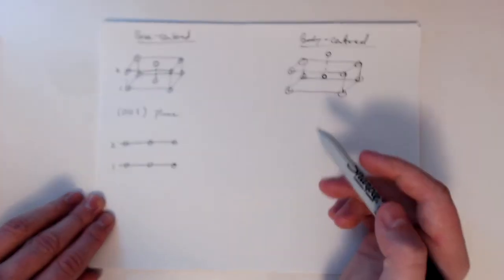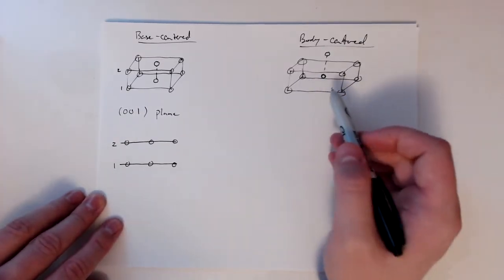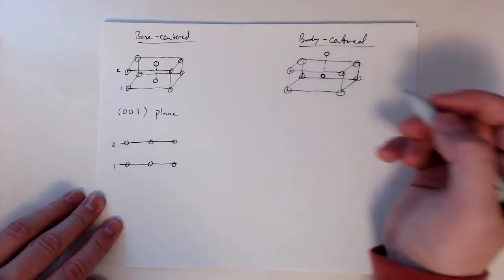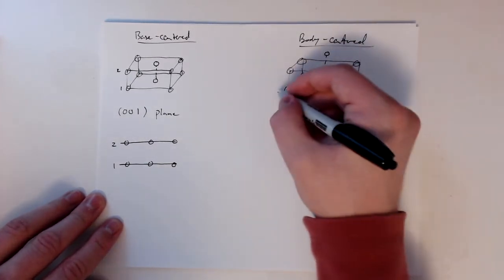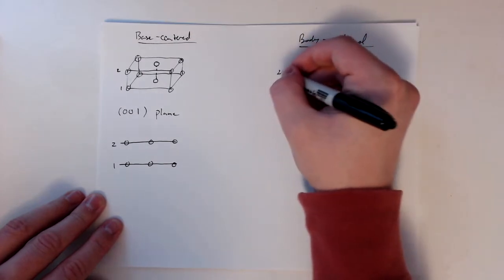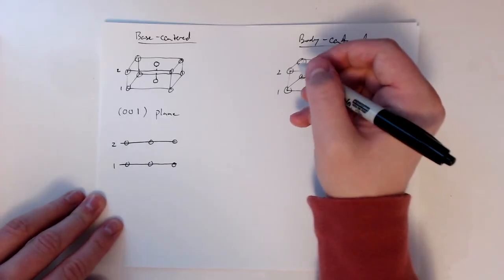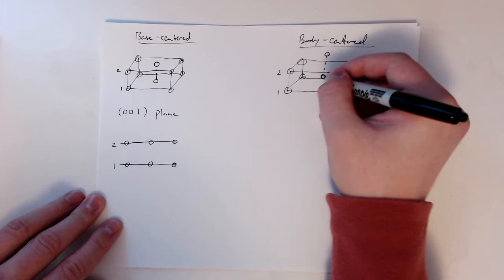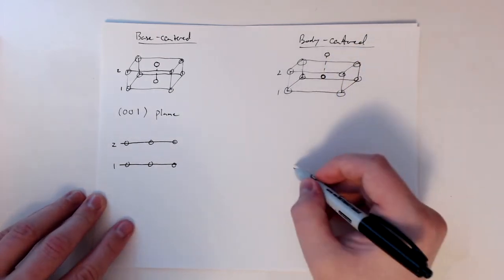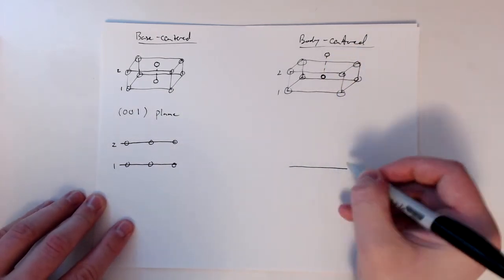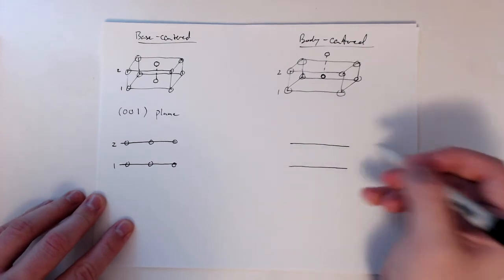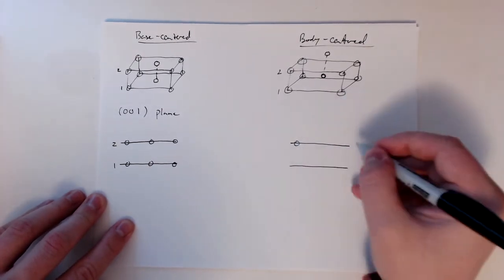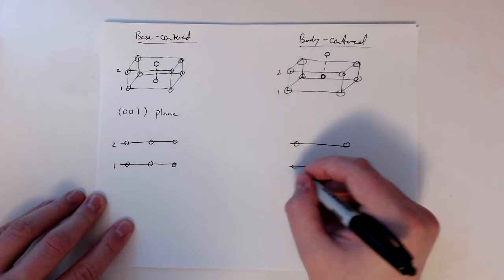And then on the body-centered side, if we look at the same thing, we have plane 1 and 2, but we also have an atom in the middle, right? So when we draw that, we have to draw the atoms on the top, atoms on the bottom.